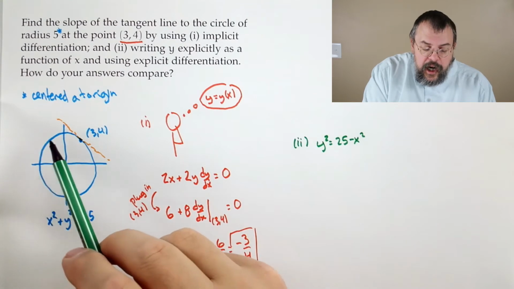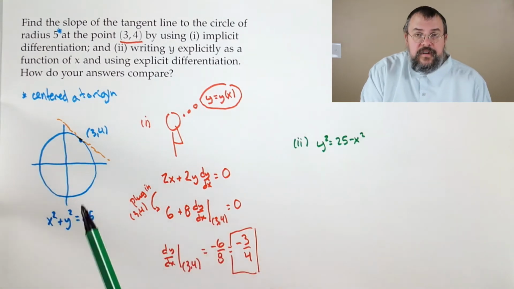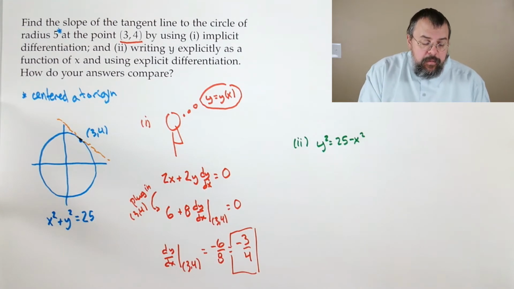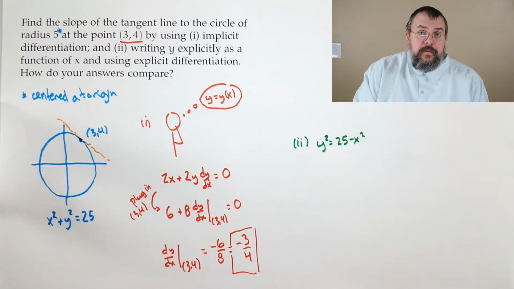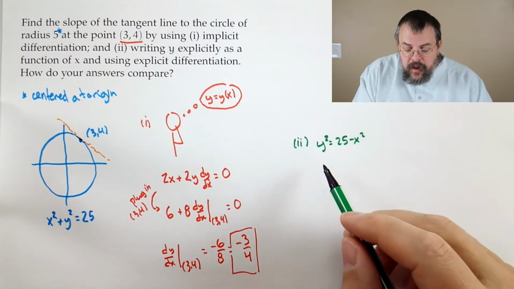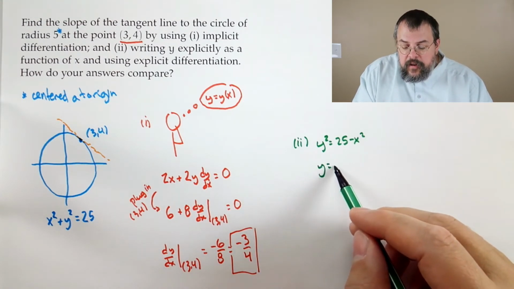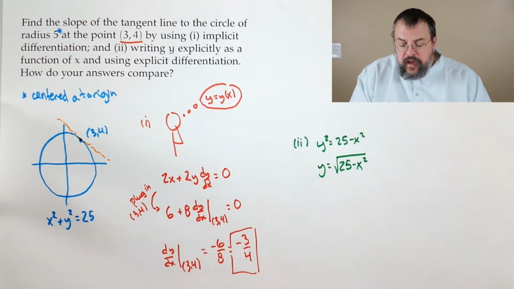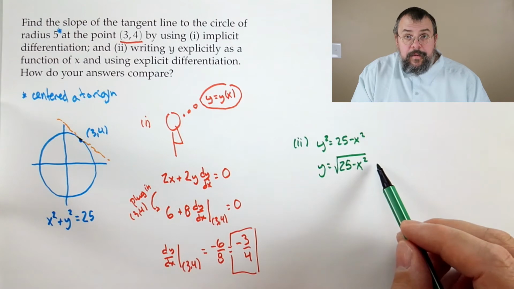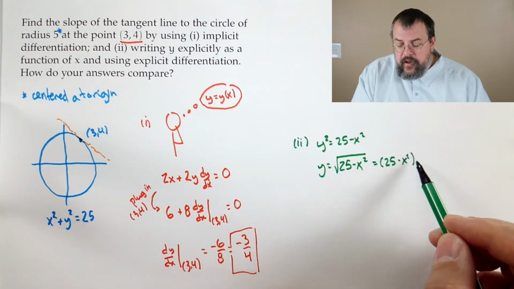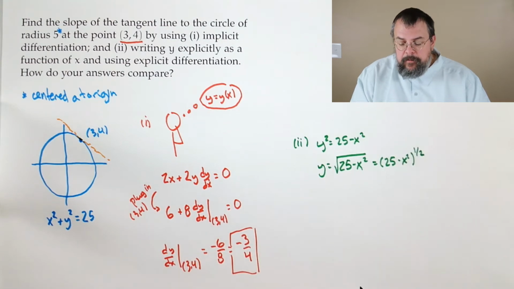We're in the top half of the circle, which means I need to make sure I take the positive square root. If we had been in the bottom half of the circle, we would make sure to take the negative square root. So you've got to pay attention. So in our case, y is the positive square root of 25 minus x squared. Or, since we want to make things more calculus friendly, 25 minus x squared to the 1/2 power.